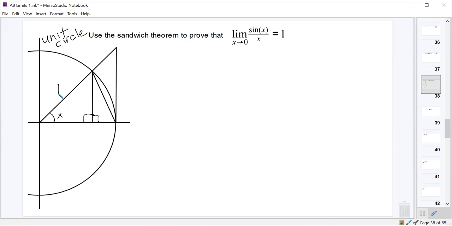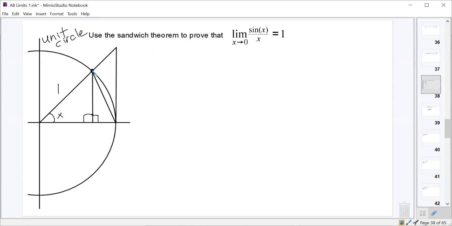Well, let's see. This point right up here ought to be what? What should that point be? How do the points on a unit circle work?